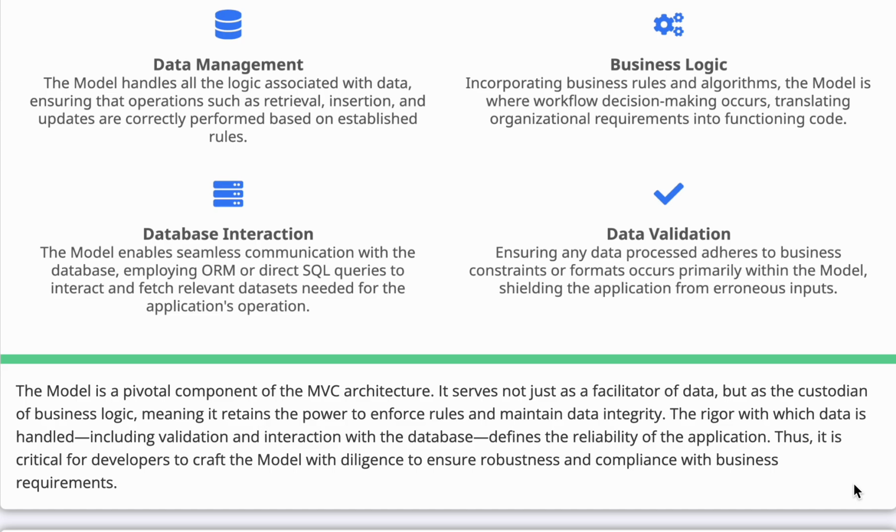The model is a pivotal component of the MVC architecture. It serves not just as a facilitator of data but as the custodian of business logic, meaning it retains the power to enforce rules and maintain data integrity.